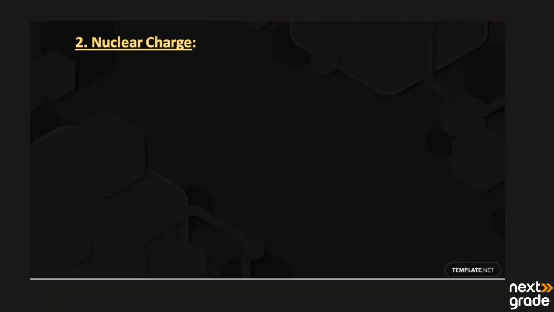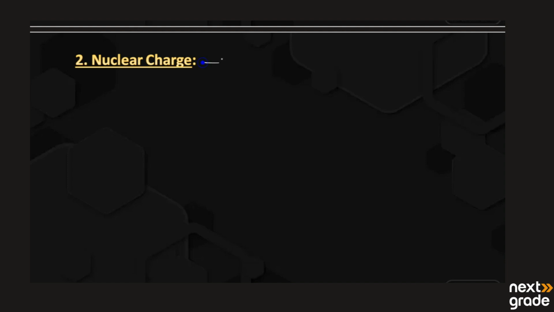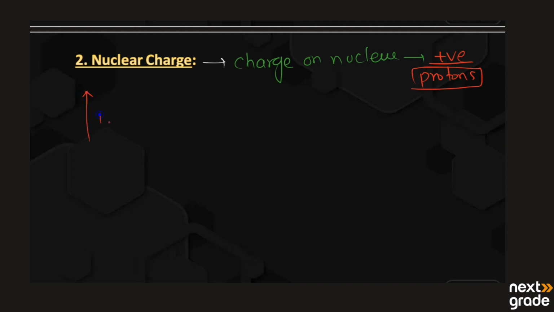Next we have the nuclear charge. Nuclear charge is basically the charge on the nucleus. It is a positive charge, due to the protons present in the nucleus. How will the nuclear charge affect the ionization energy? When the nuclear charge increases, the nucleus will pull the valence electrons, or outermost electrons, more tightly.